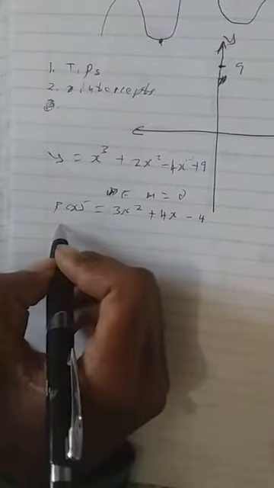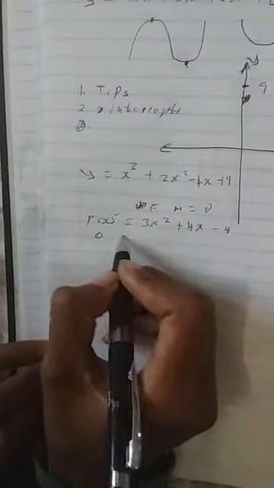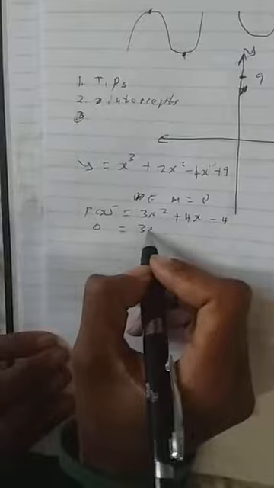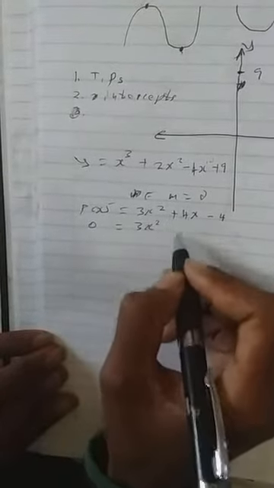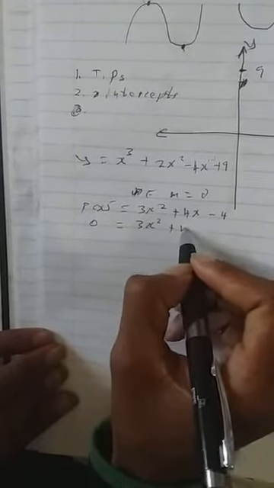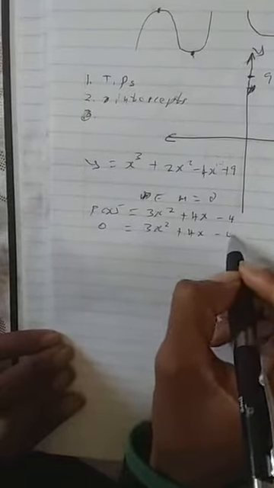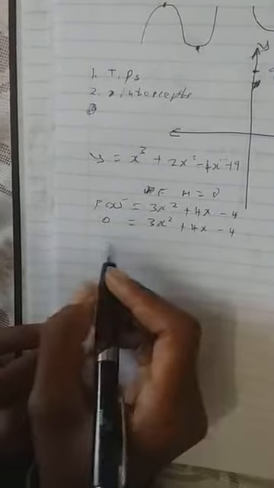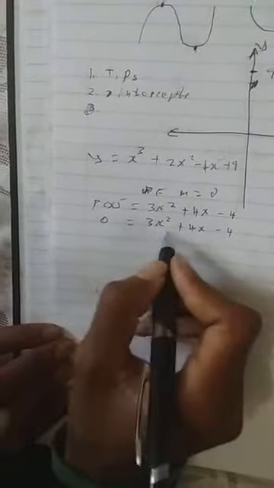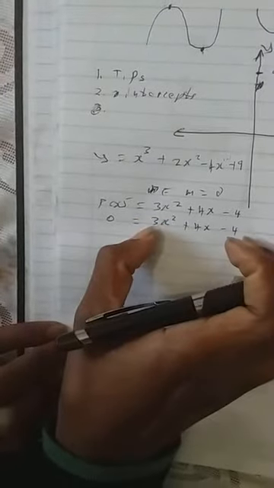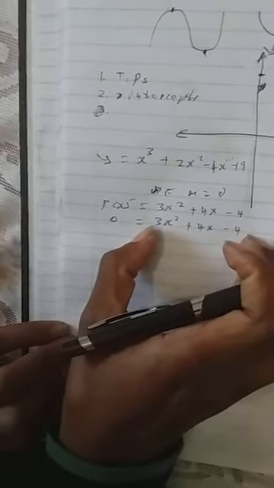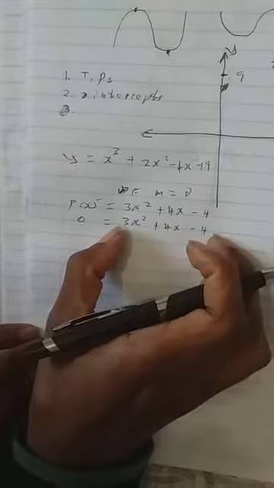So we have 0 equals x squared plus 4x minus 4. We can factorize if we can, let me try to see.